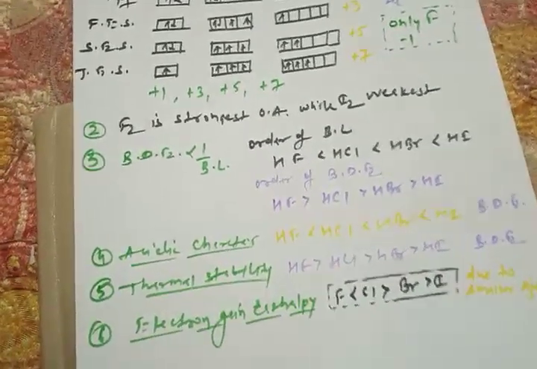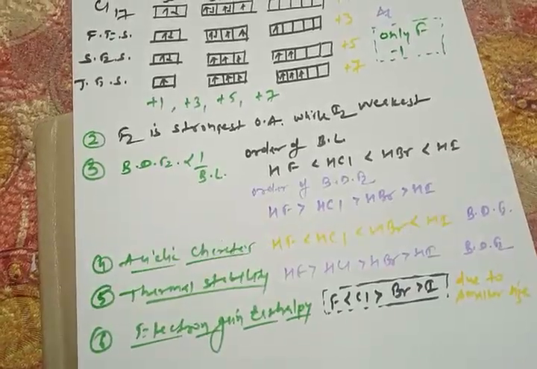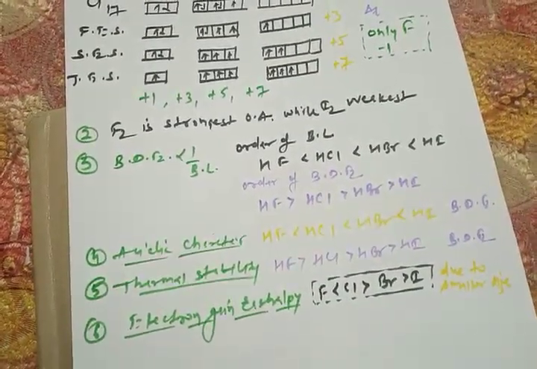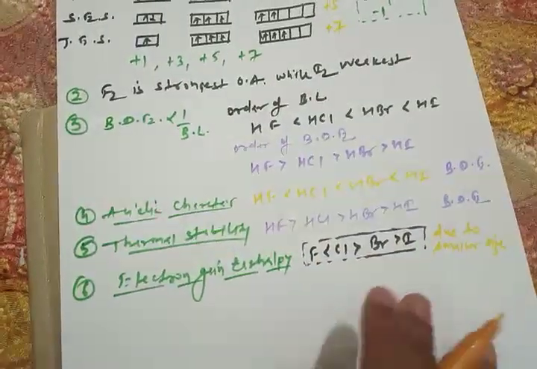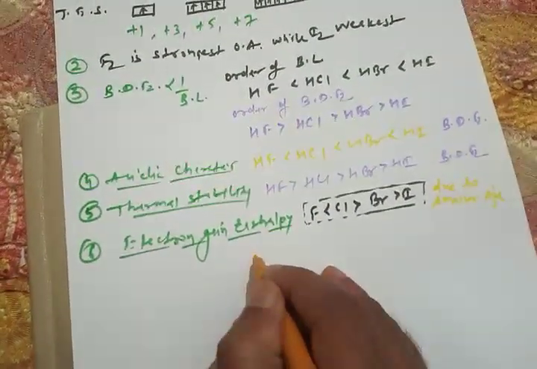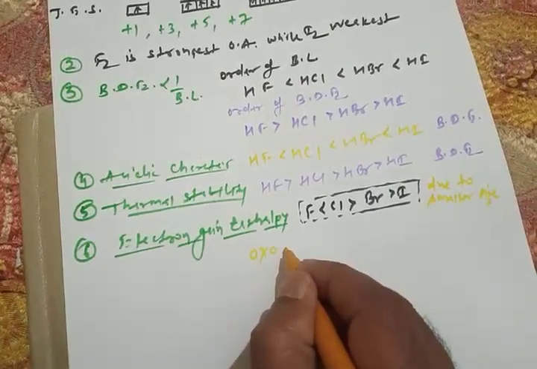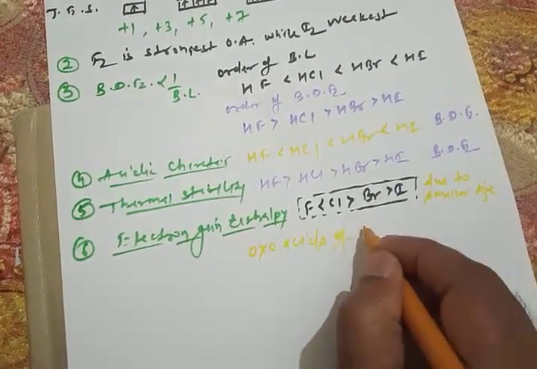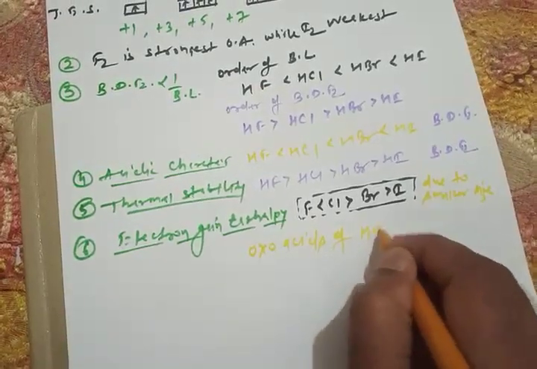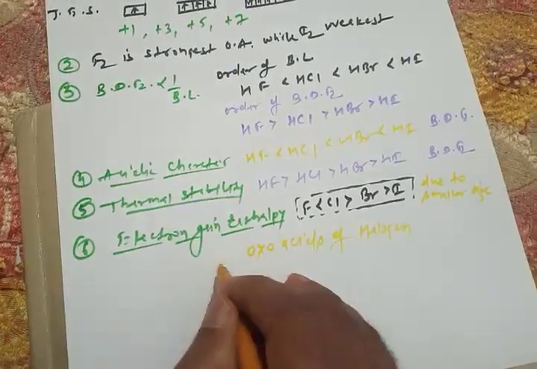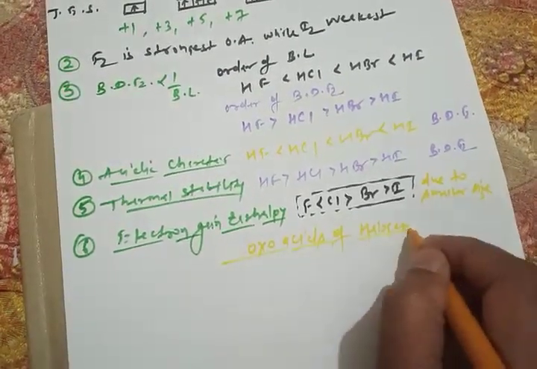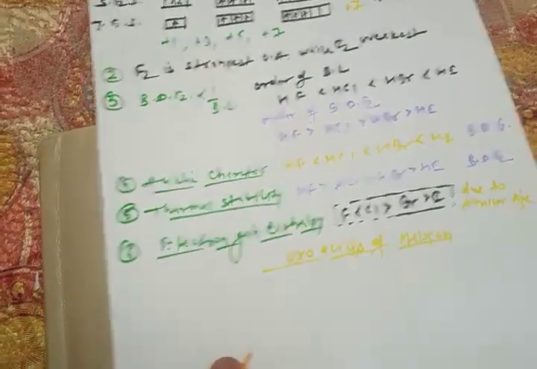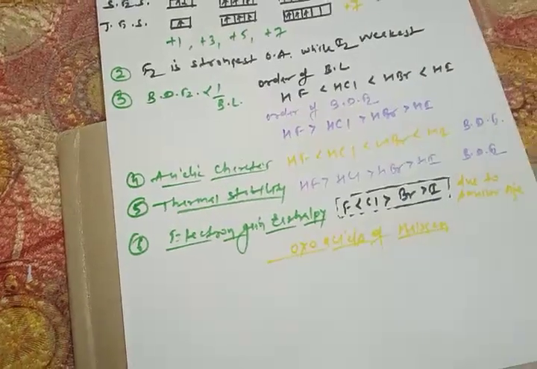Now, as per your syllabus, we have to discuss the oxoacids also. So it's time to discuss the oxoacids of halogen. Again, we'll do this discussion with the help of the oxidation number.